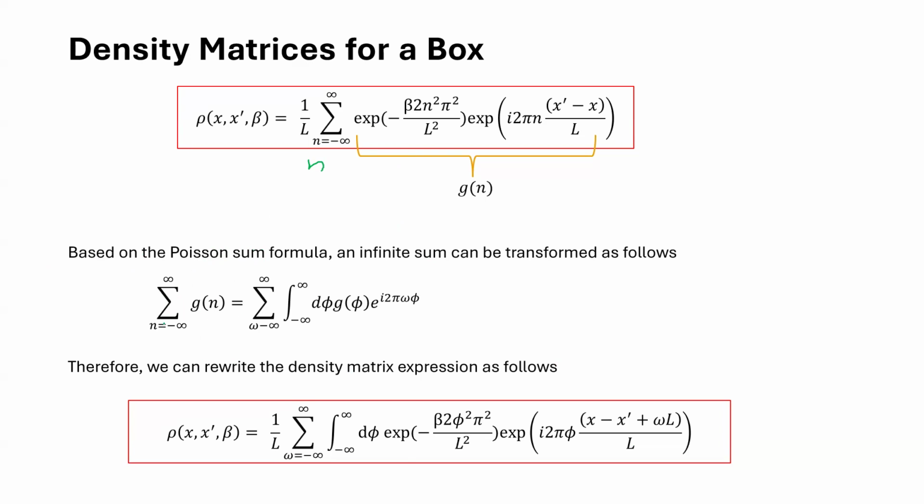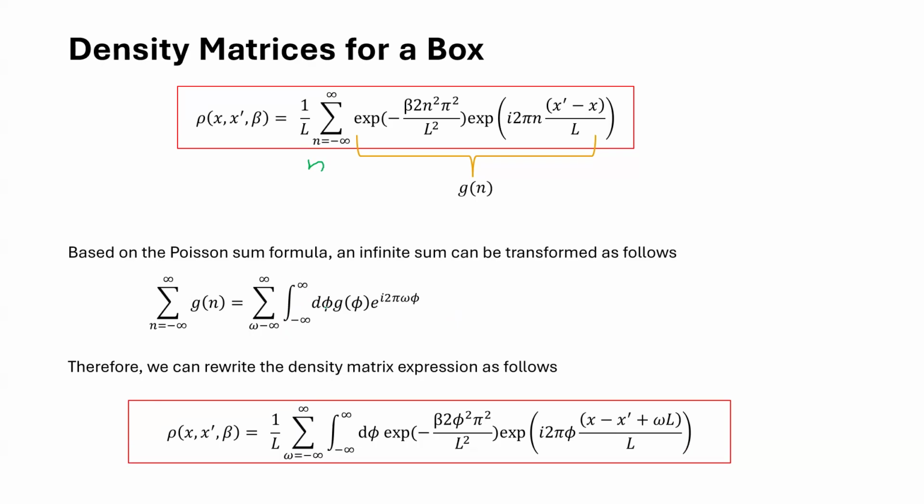So based on that, when we calculate the sum of some function of n from n equals minus infinity to infinity, we can write it as a sum over omega from minus infinity to infinity, times an integral.